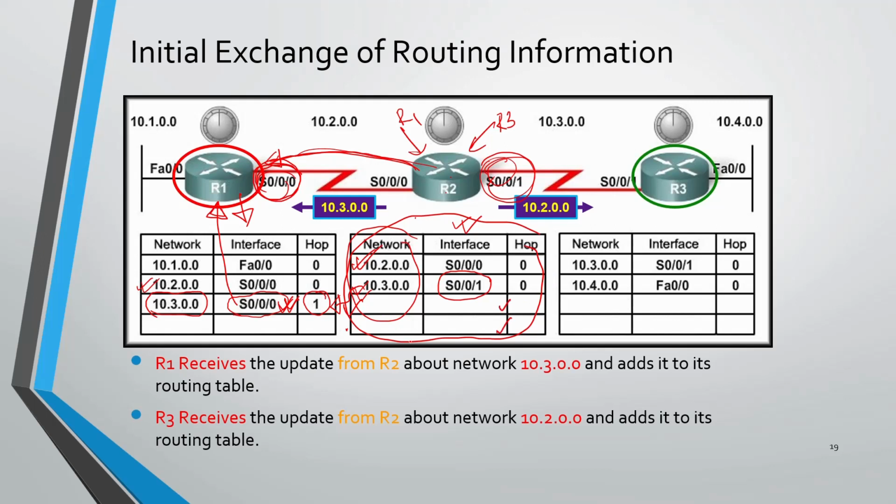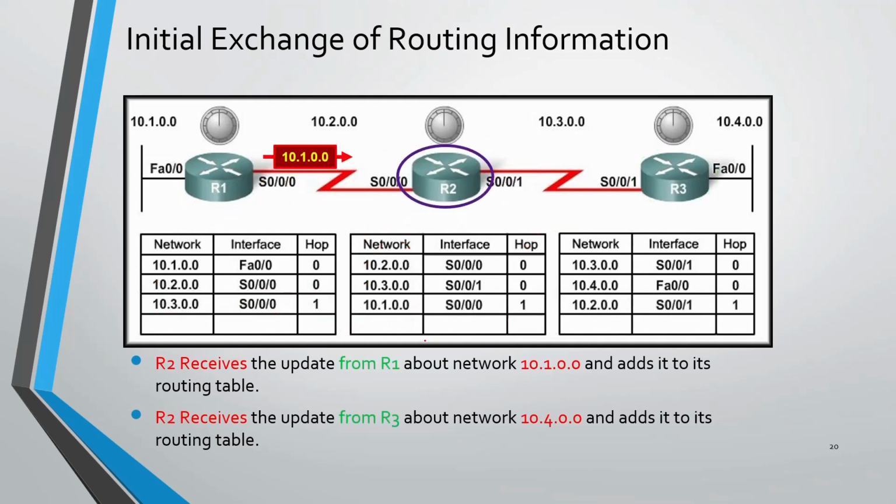In both cases, router two's interface is receiving the address, so the interfaces of both sides of router 2 will be added in the table. For 10.1.0.0, which interface will be written? S0/0/0. Okay, very good. And for router 3's address, it will be S0/0/1.